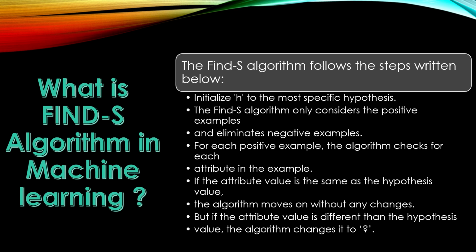After that, the Find-S algorithm only considers the positive examples and eliminates all the negative examples. For each positive example, the algorithm checks each attribute in the example. If the attribute value is the same as the hypothesis value, the algorithm moves on without any changes. But if the attribute value is different from the hypothesis value, the algorithm will change it to a question mark.